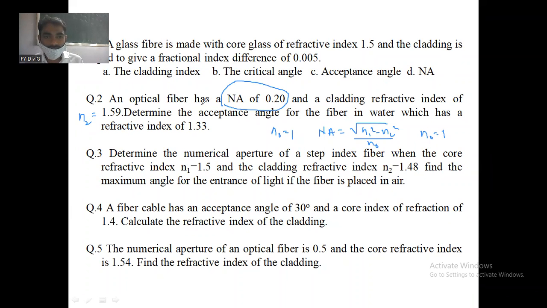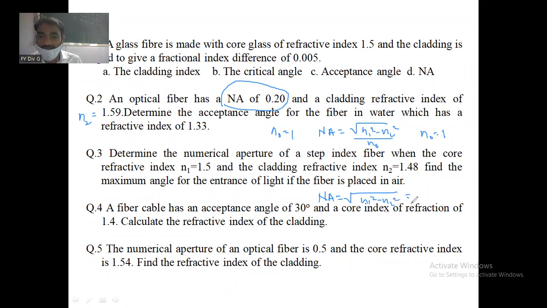So using the formula NA equal to N1 root of 2 delta, कधी मग यूज करायचा? आपल्याला जर तशी कंडिशन असेल तर पुढे सांगतो की तुम्हाला कसं आयडेंटिफाय करायचं. If the values are given directly, but here direct values are not given. Okay sir. So NA is equal to square root of N1 square minus N2 square.